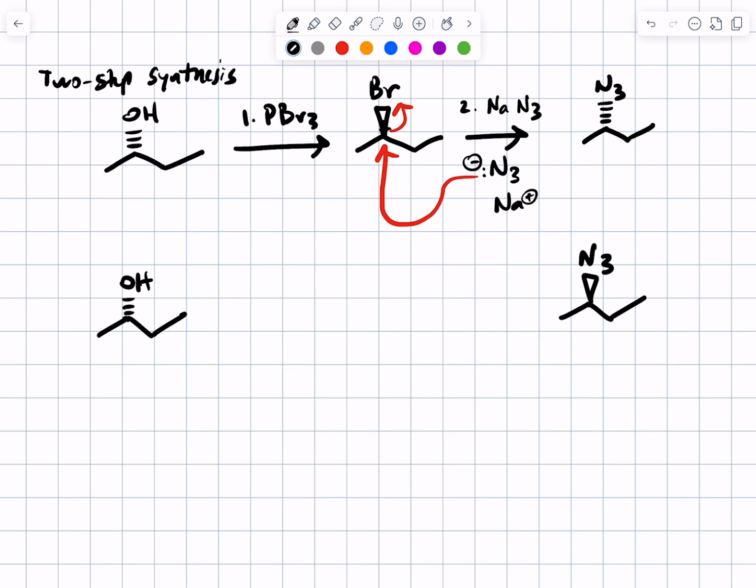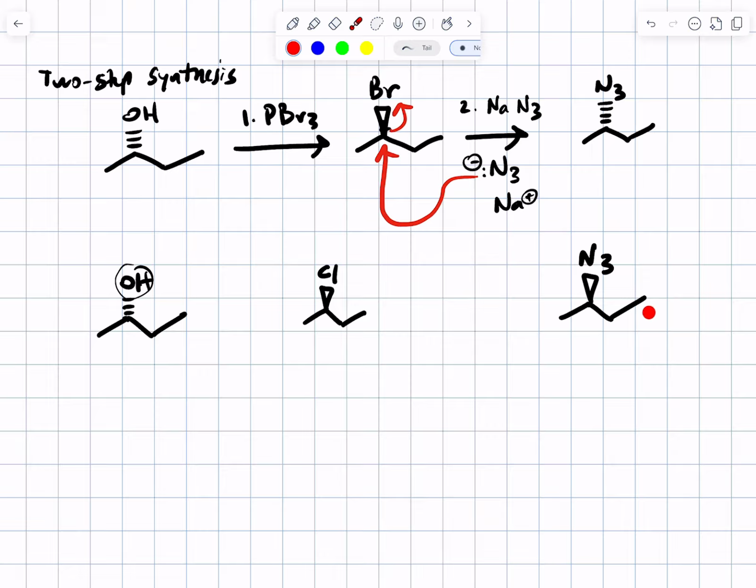I've got a problem if I'm going to do PBr3 or SOCl2, because both of those methods convert OH into an alkyl halide, but they use inversion of configuration. And so by the time I go here, you see I can't do an SN2 directly to get to that because I get the wrong stereochemistry.